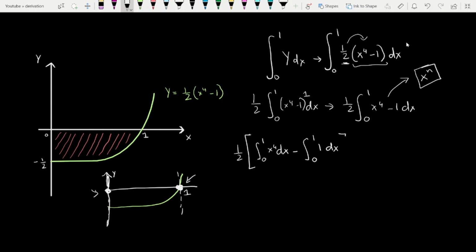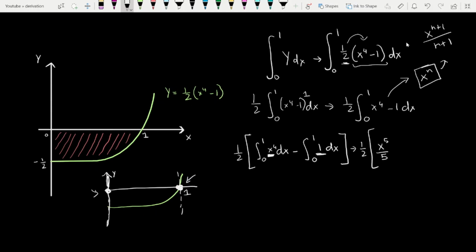And now I'm just supposed to integrate it. I can use the integration of x to the power n, which I know integrates to x to the power n plus 1 divided by n plus 1. So that's no big deal over there. If I look at x raised to the power 4, all I have to do is turn it into x raised to the power 5 and then divide by 5.